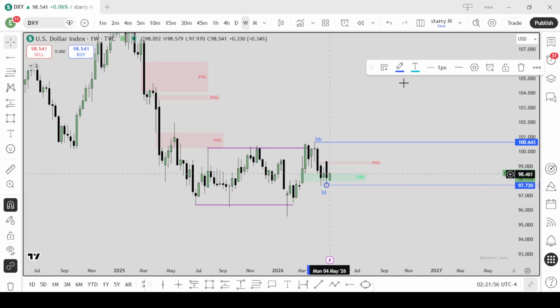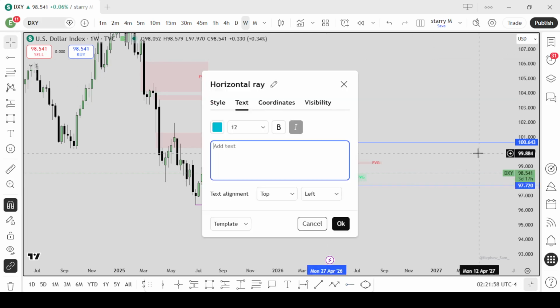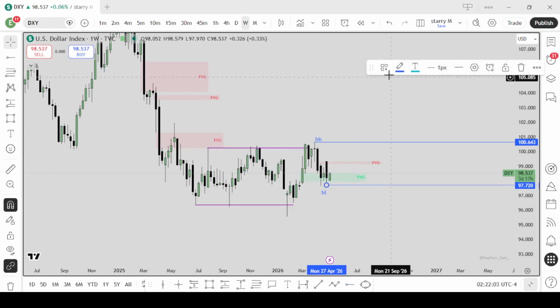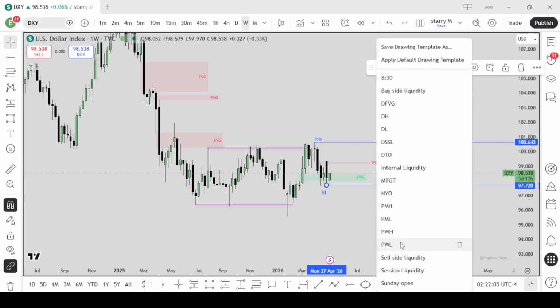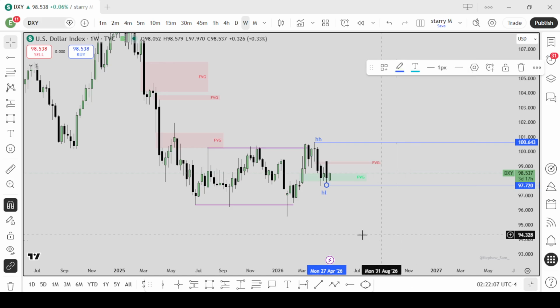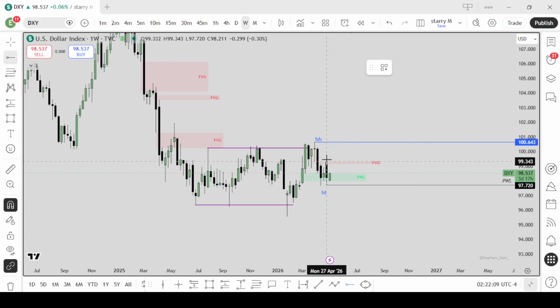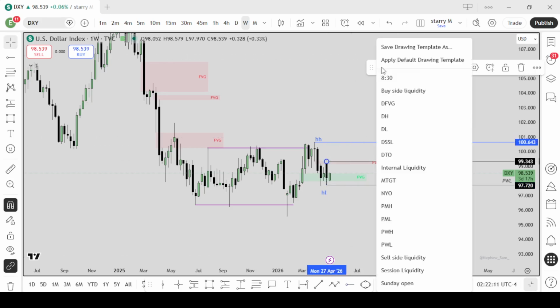Mark out the previous high, previous lows. This is prior week low and prior week high.